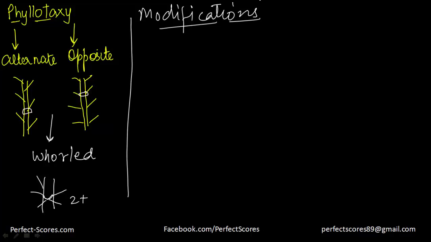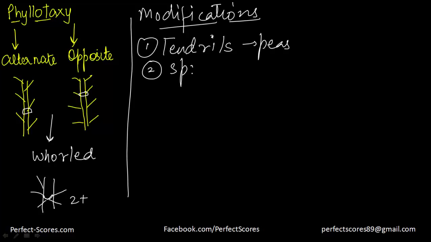And one of the important modifications is when the leaves become tendrils. Now we've already done the case where the stem becomes a tendril, for example in grapevine. But sometimes the leaves can also become tendrils for climbing, for example in peas. They can even become spines, for example in a cactus.